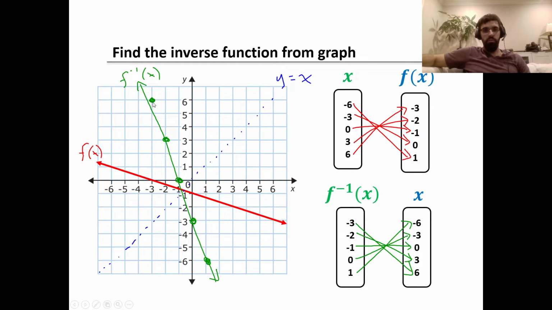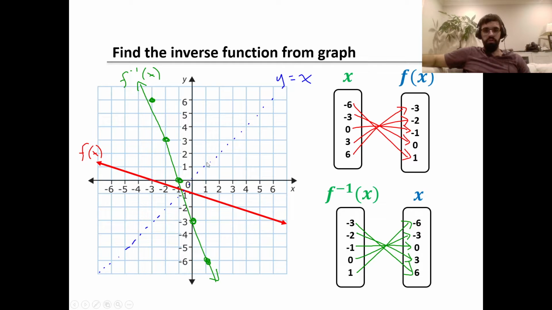We will see that we have 3 more points we can get. Basically what we're doing is every point, every ordered pair on the original graph, we just take the x and the y value and we flip them around. X becomes y, y becomes x, and we get these new set of points. And so now we have this green line that maps f inverse of x.